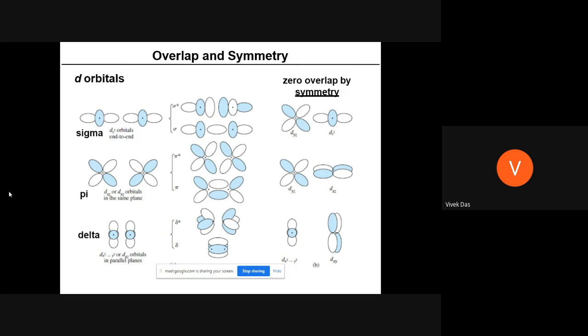If you want to do molecular orbital theory for transition metals, then you would definitely need this rule.